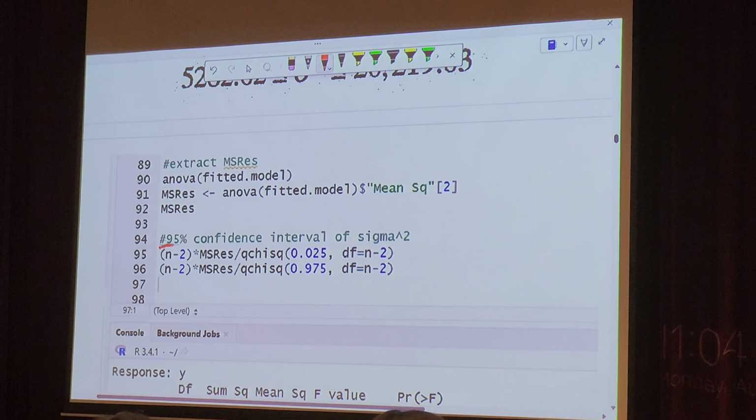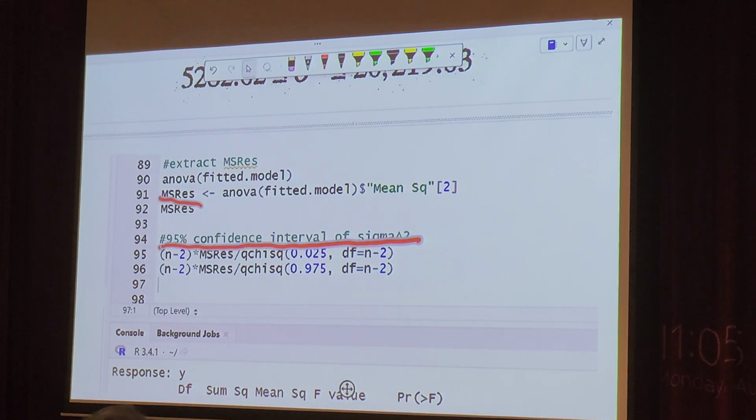To do it by hand, you will use the chi-squared percentile. The function is qchisq, and so on. And this is how you can extract the mean square residual from the ANOVA table.